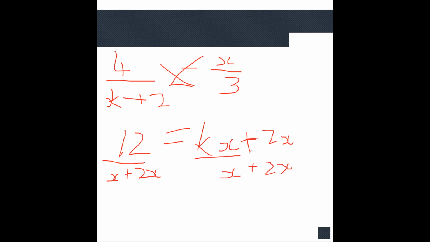I divide both sides by x plus 2x, which leaves us with 12 over x plus 2x. X plus 2x is the same as 3x, so it would be 12 over 3x, and we divide both of them by 3, which leaves k equals 4 over x.